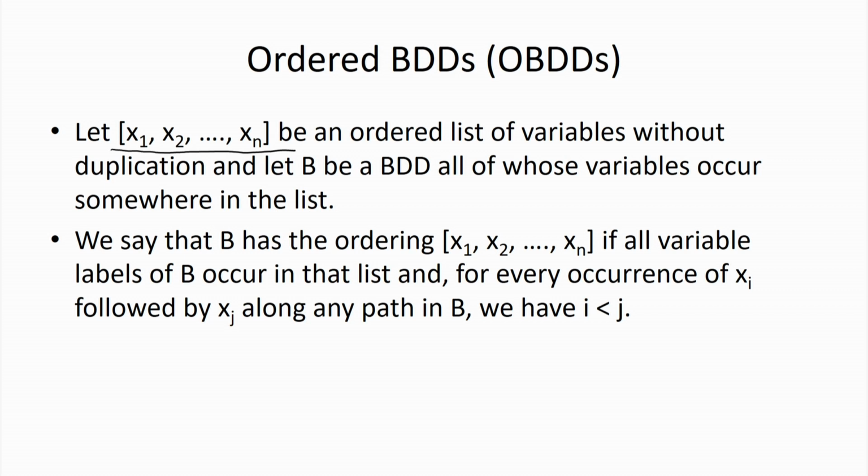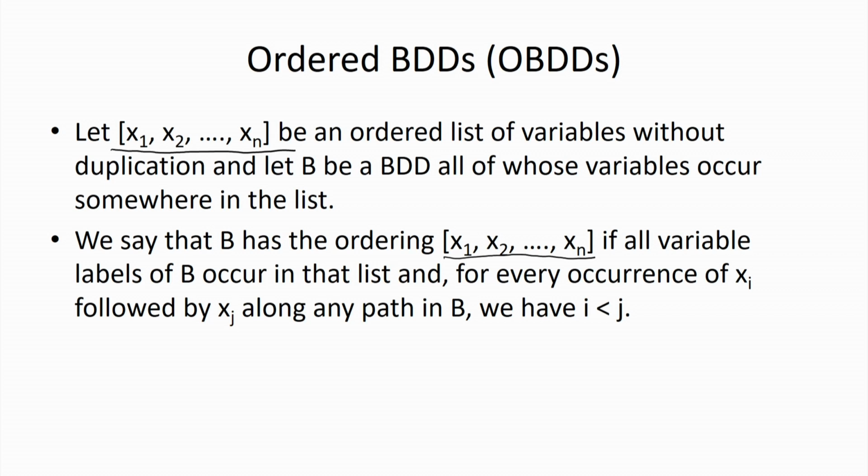Now, we say that B has an ordering x 1, x 2, up to x n if all variable labels of B occur in that list, and for every occurrence of x i followed by x j along any path in B, i is less than j.